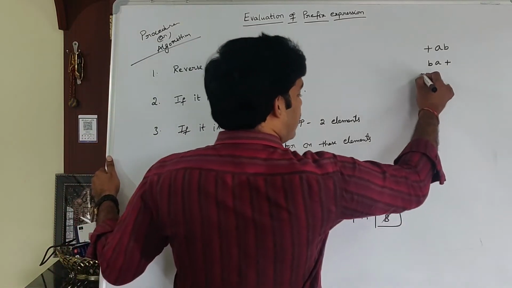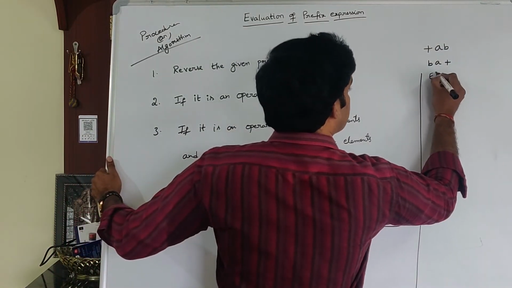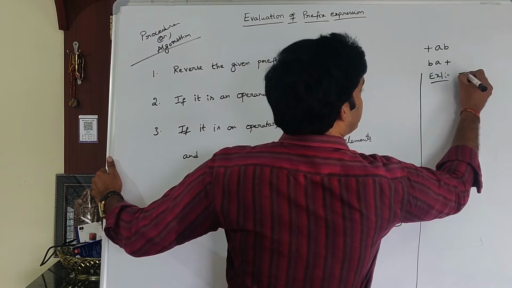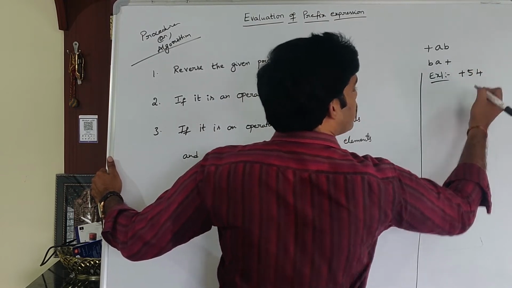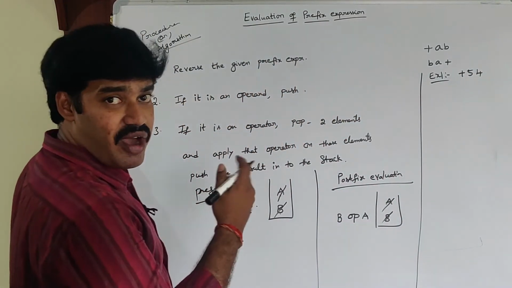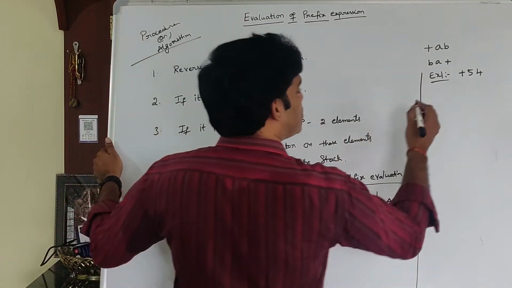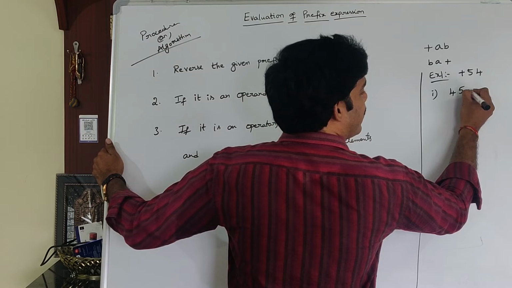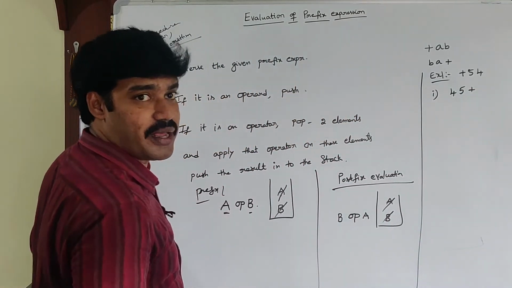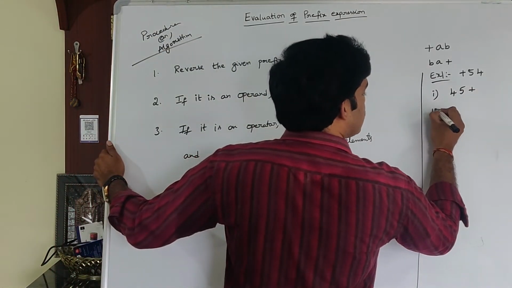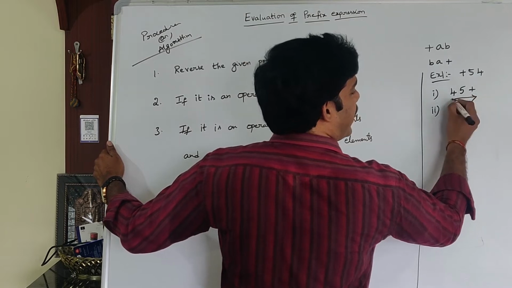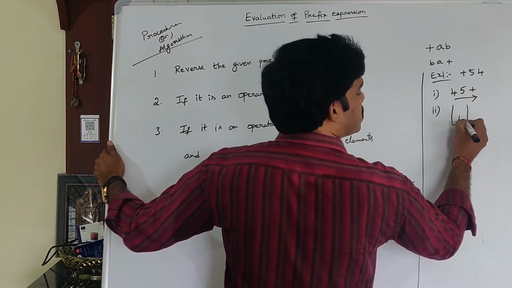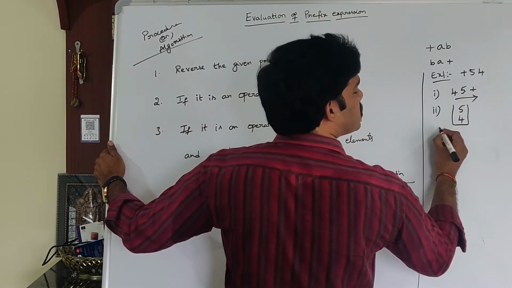Take an example. Example 1. Assume that your expression is plus 5, 4. Evaluate the prefix expression. What is the first step? Reverse the expression, which means 4, 5, plus. Next, scan the expression from left to right. If it is an operand, push it into the stack.